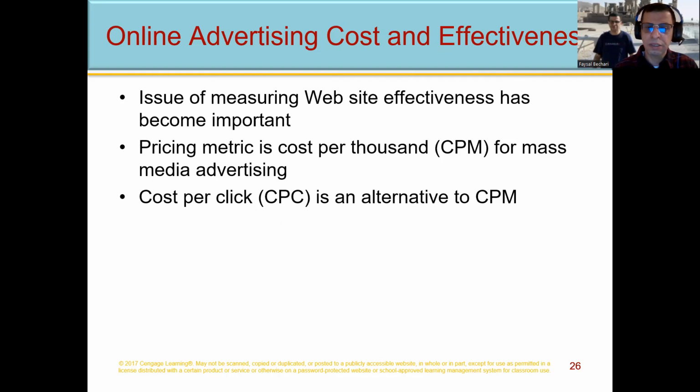Cost per click is an alternative to CPM. And measuring site effectiveness has become more important, because when I'm spending that much money, I need to know whether it's effective or not.